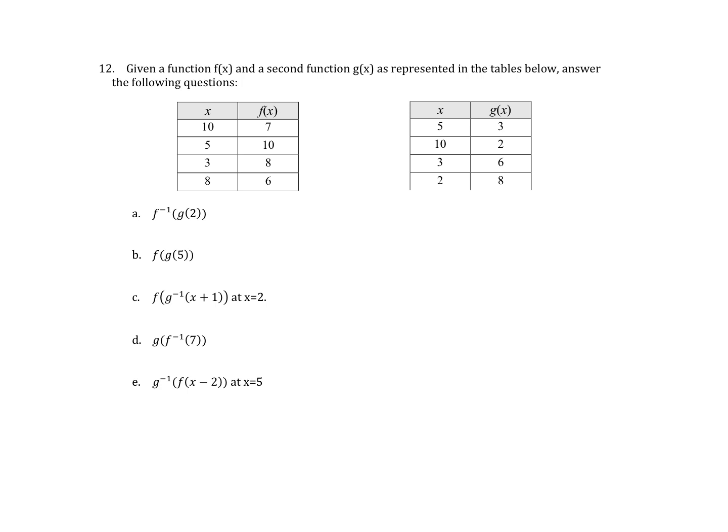So my last hint to you in getting through question 12 is that here you've been given a table of values for f of x. You could write all of these as ordered pairs if you wanted to. 10, 7, 5, 10. These are all points for f of x, where this table over here is points for g of x.